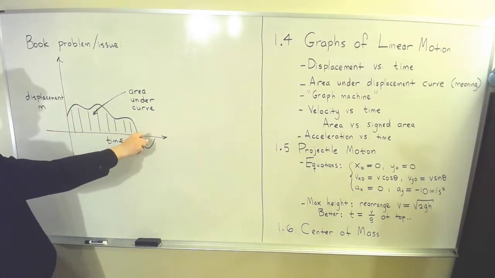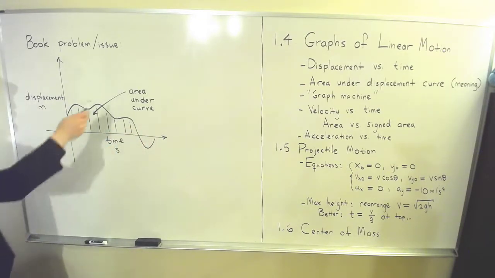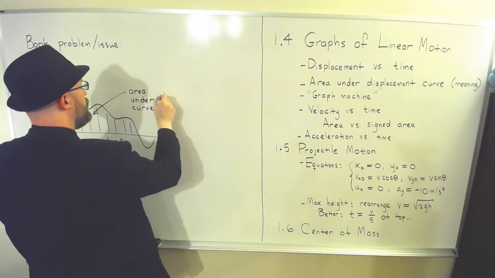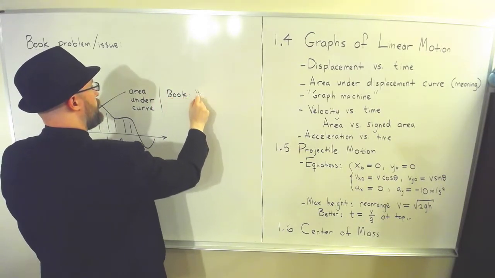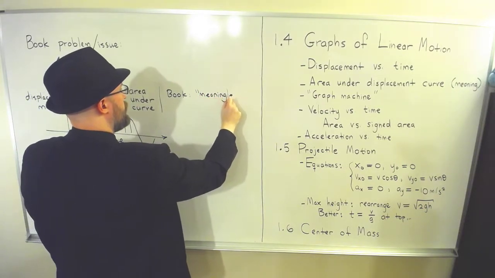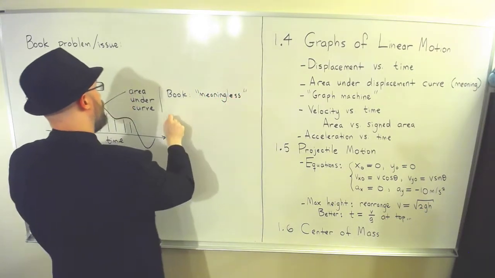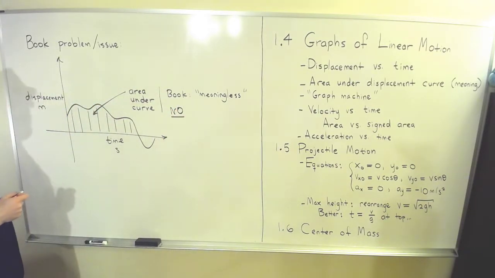Over here, of course, that area is actually below the axis, so it's above the curve. But what the book says is that this is meaningless. And that's not true. It's not meaningless.